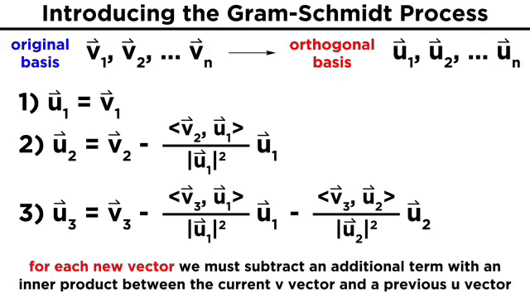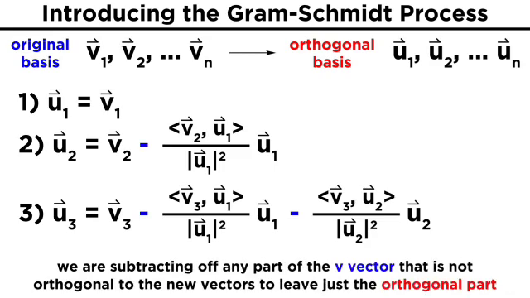For each new vector, we must subtract an additional term that involves the inner product of the current v vector with each previously found u vector. So we will need one more such term for each vector. The reason we need to do this is that we are subtracting off any part of the v vector that is not orthogonal to the new vectors we have found, leaving only the orthogonal part.